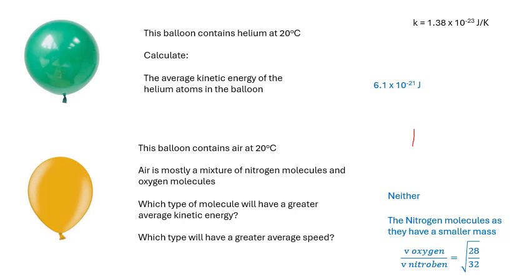Because nitrogen molecules, N2, have a relative molecular mass of 28, and oxygen molecules, O2, have a relative molecular mass of 32. So they are heavier. If they have the same average kinetic energy, that means that on average the oxygen molecules will be slower because they have a bigger mass. And how much slower? Because it's a half mv squared, it'll be root 28 over 32.